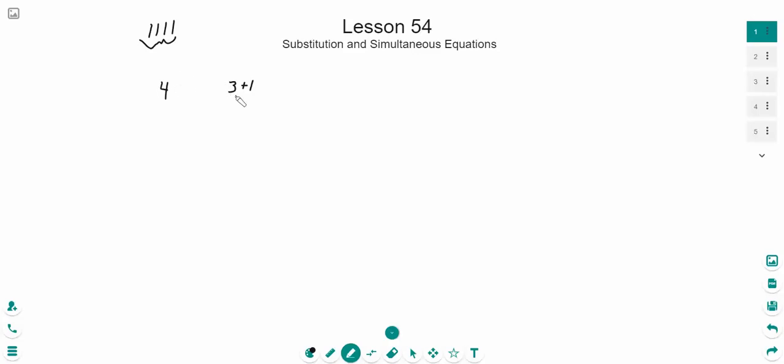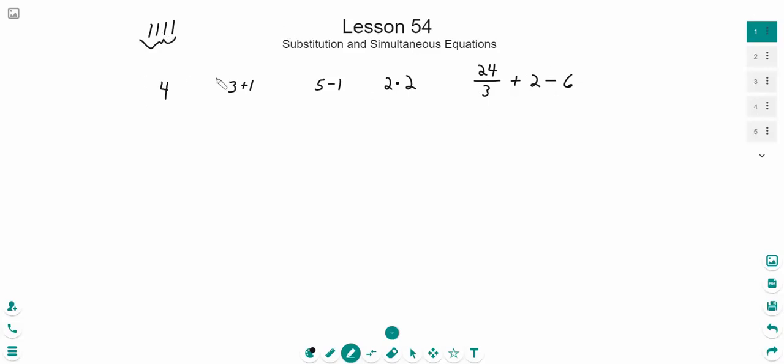So it's still representative of this number of items. Another way to express it might be 5 minus 1, or 2 times 2, or something a little more complicated. We could go 24 divided by 3 plus 2 minus 6. I believe that's also going to wind up being 4.